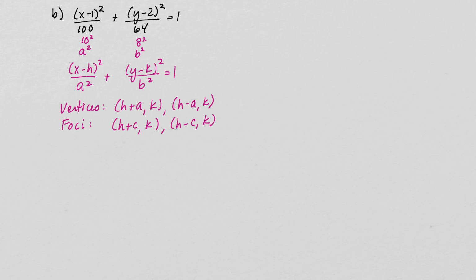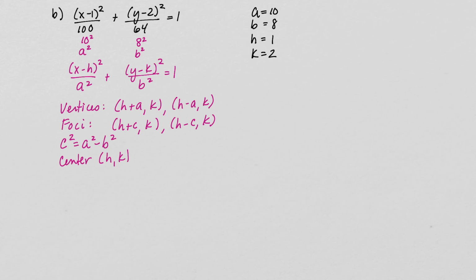Same thing, we have to find c as well, and c squared is equal to a squared minus b squared. In our problem, a is 10, b is 8, h is 1, k is 2, and our center is still (h, k).